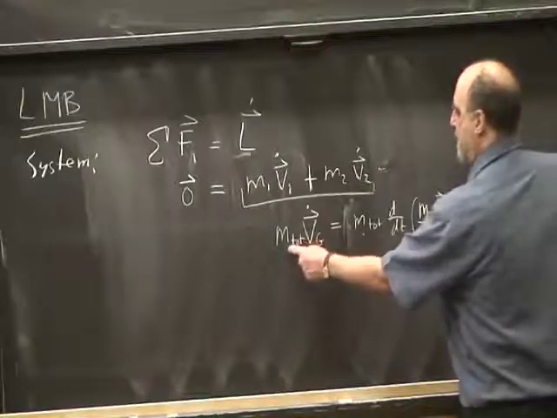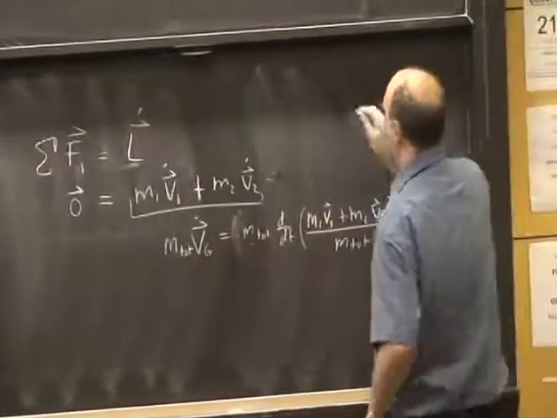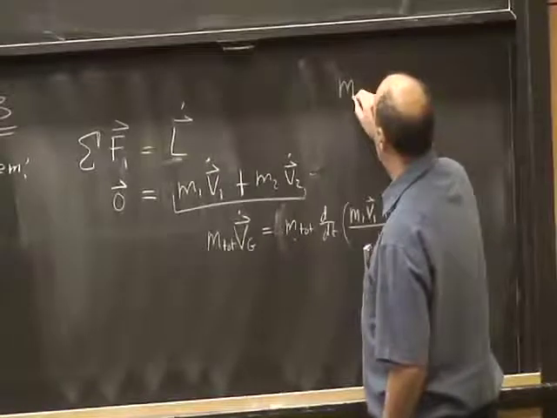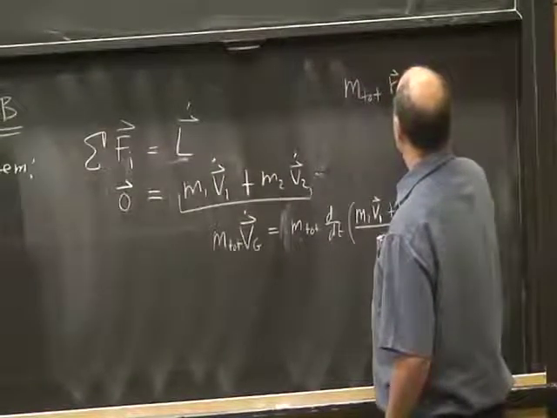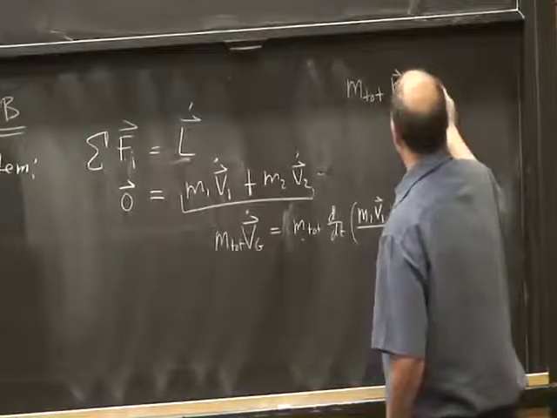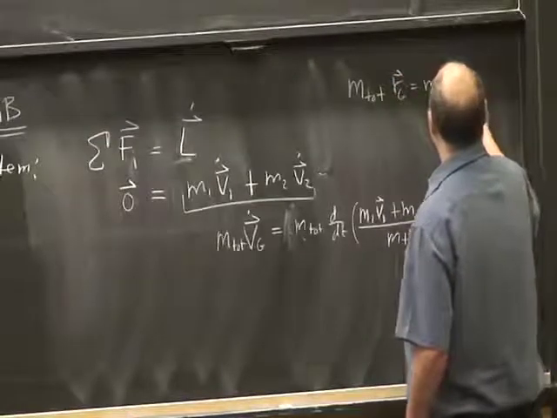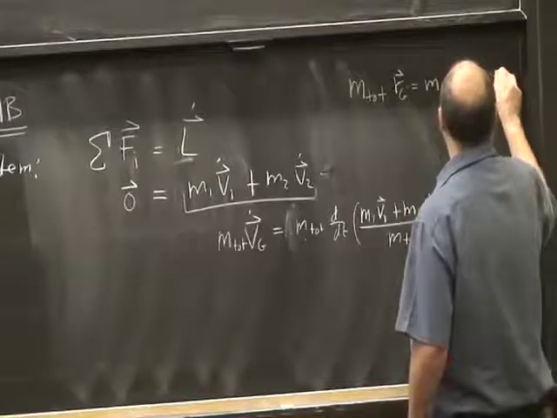Multiply it by the m tot, and you get this expression. The key thing to pay attention to about a center of mass is that the total mass times the position of the center of mass is equal to m1 r1 plus m2 r2.